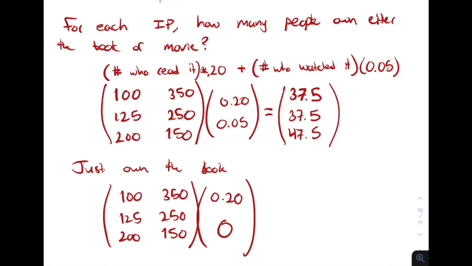We're not going to count anyone from the movie section, and we would get 100 times 0.2 plus 350 times 0, which is 20, 125 times 0.2 plus 0 times 250, 25, and 200 times 0.2 plus 150 times 0, or 40.